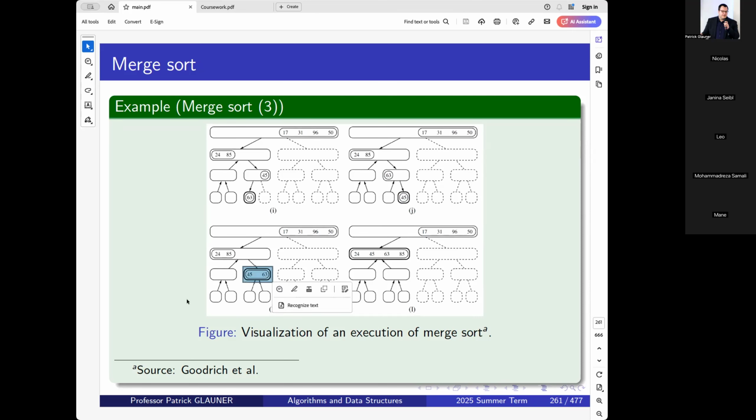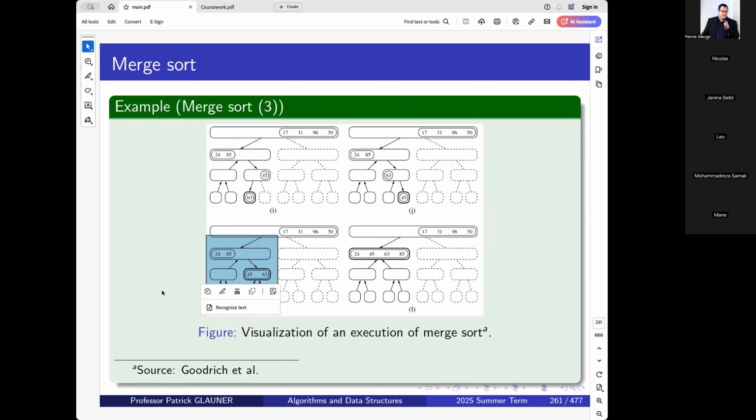So 45 and 63 is now the next sorted sublist, and the one from before is a 24 and an 85. Now I can try merging these two sublists. I have a 24 and an 85 in the first list and a 45 and a 63. So I can merge this. I can look at the first element of both lists.